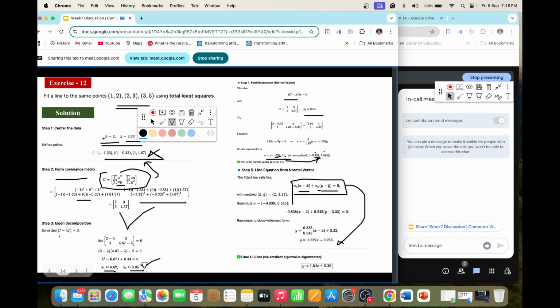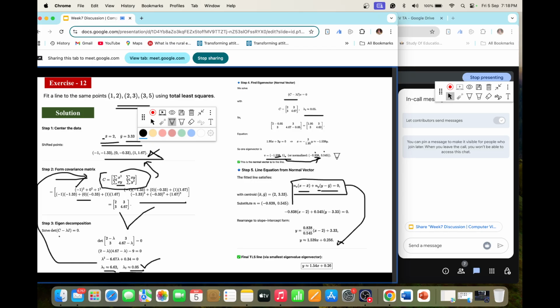And where does this eigenvalue come from? It comes from the covariance matrix. So first you form the covariance matrix, and then you calculate the eigenvalues. Once you have the eigenvalues, you choose the smallest one, and from that you get the eigenvector.